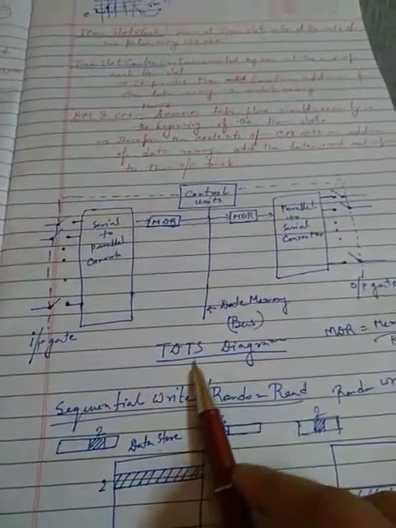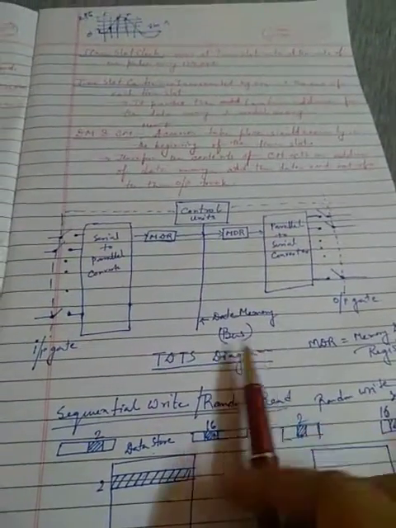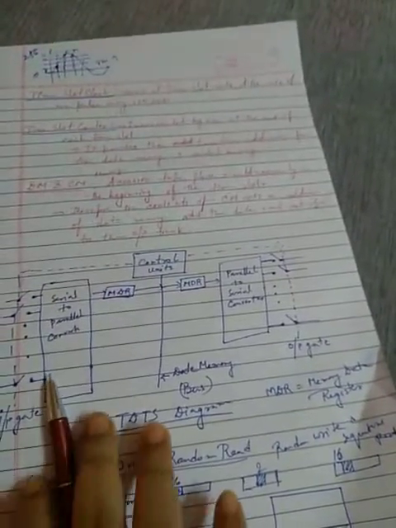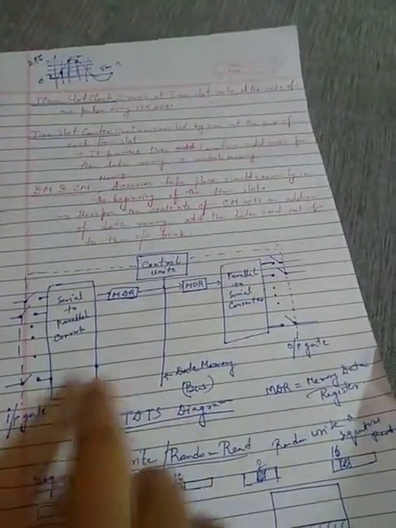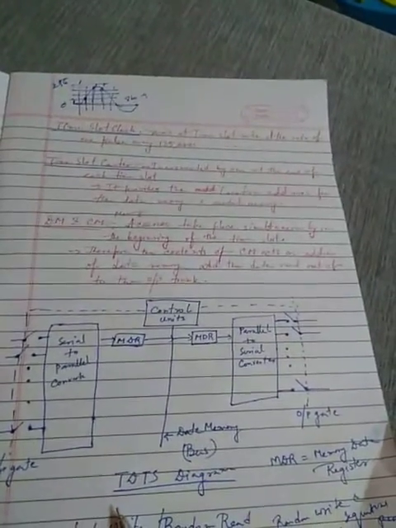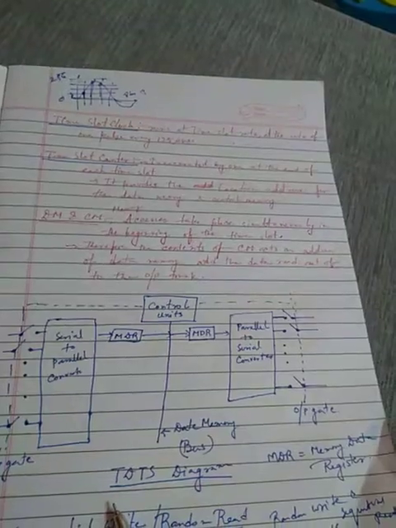And this is another diagram of a time division time switching mechanism, which comes under this category only. Here there are serial to parallel and parallel to serial diagrams, and one MDR, the memory data register.